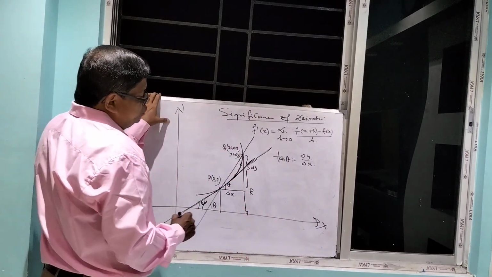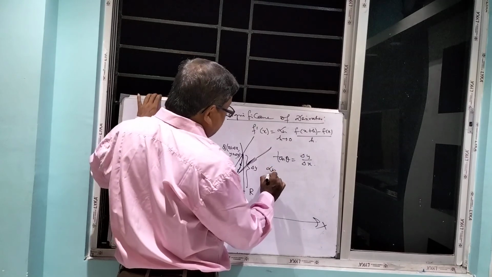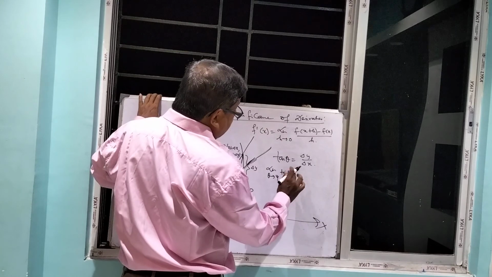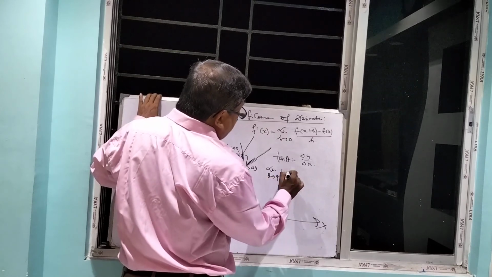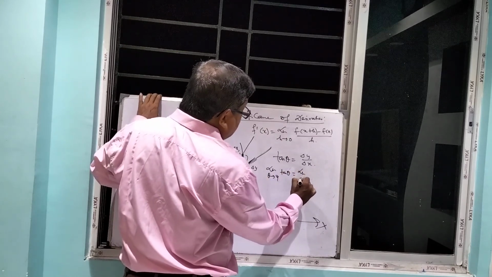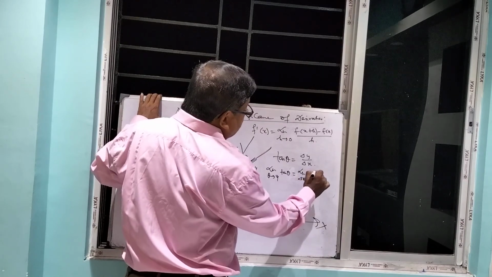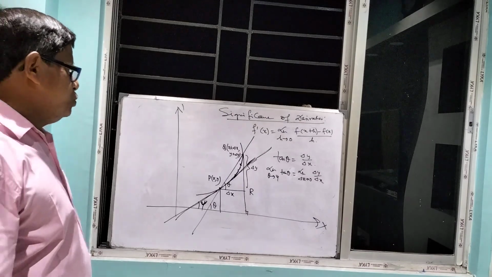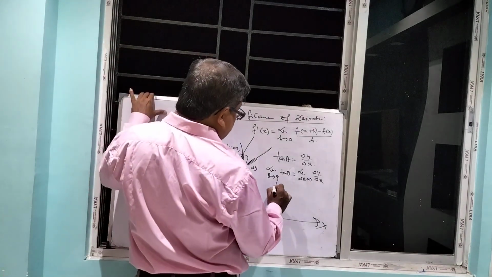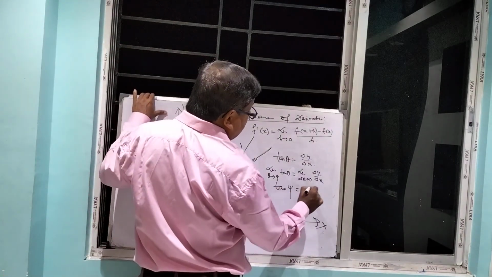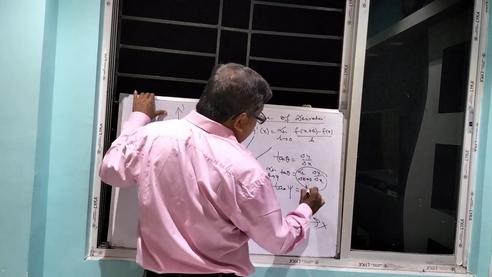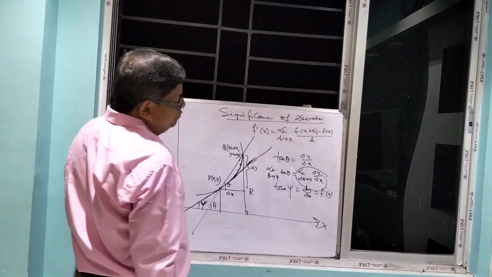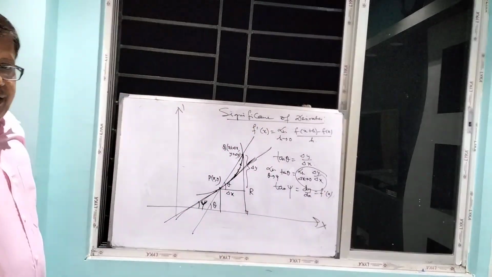So when theta tends to psi, tan psi equals limit delta x tends to 0 of delta y by delta x. So tan psi, you can write, will be dy/dx or f dash x.